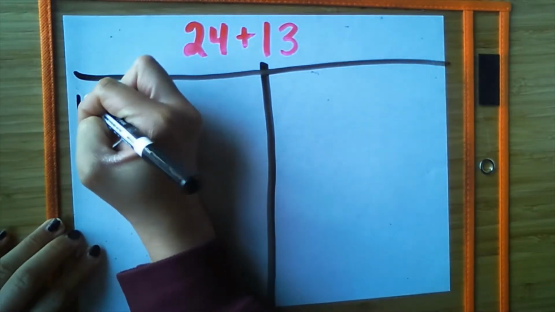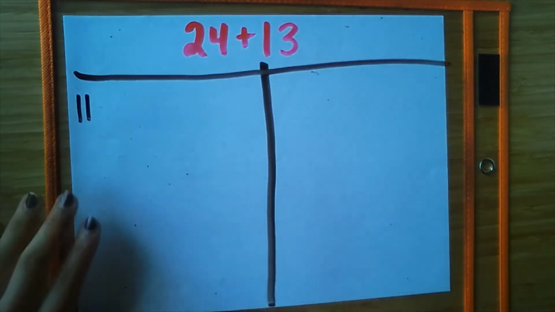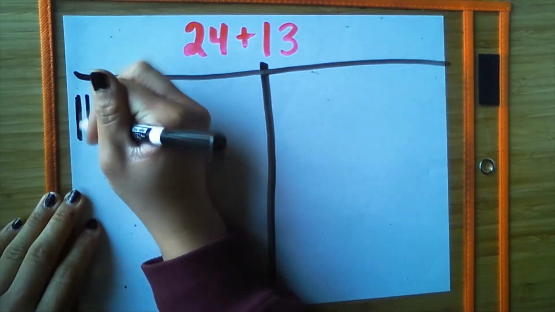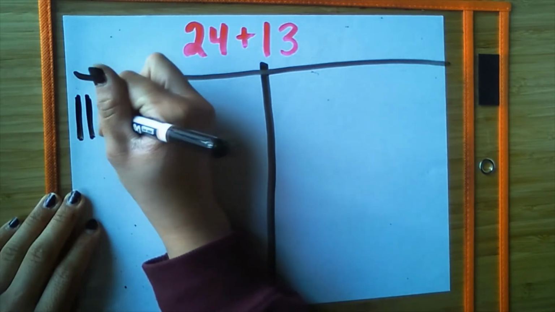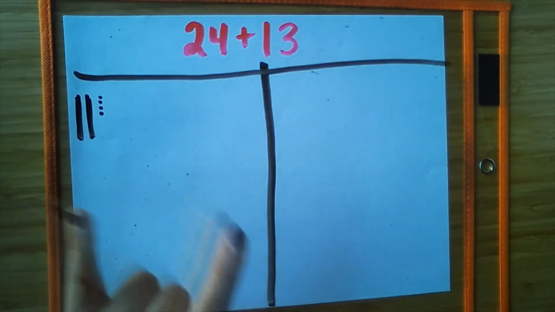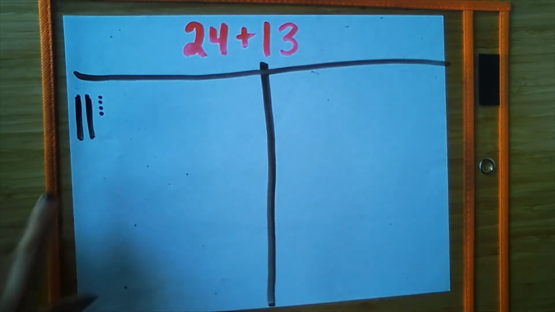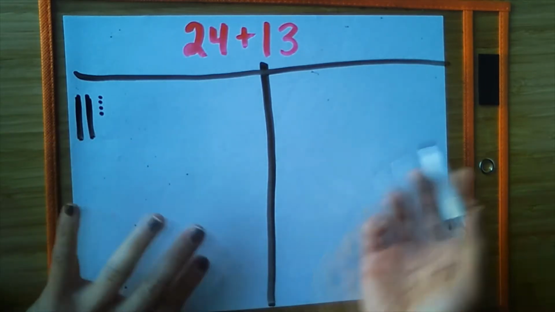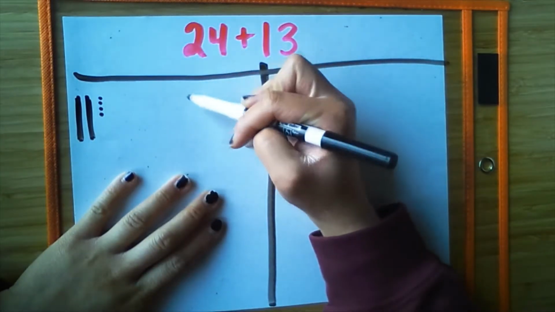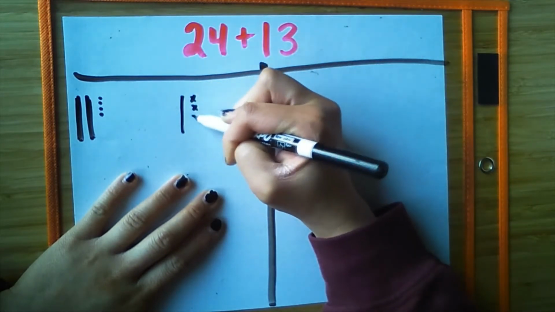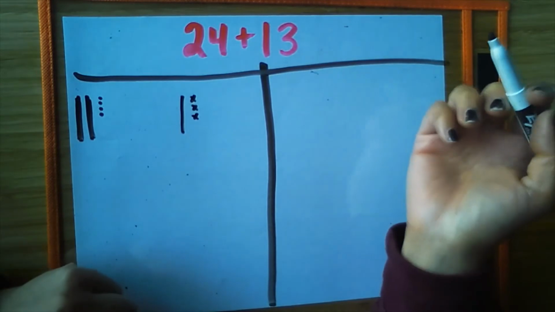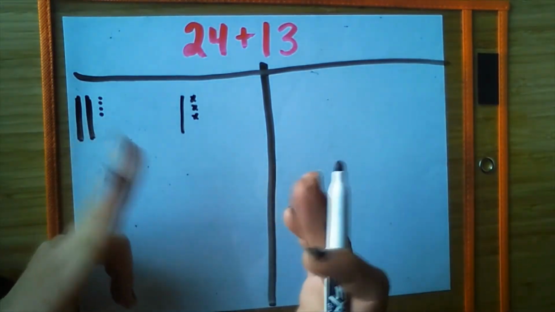So we had two tens and 4 ones to show 24. And then we had 1 ten and 3 ones. So let's go ahead and combine that, okay?